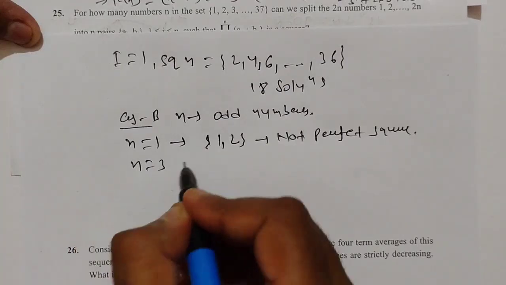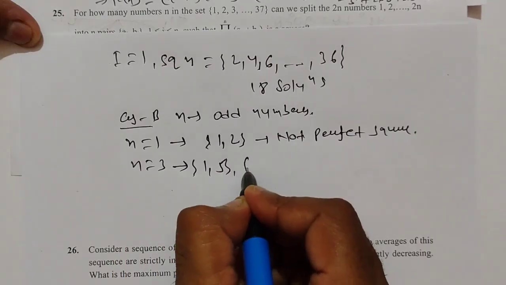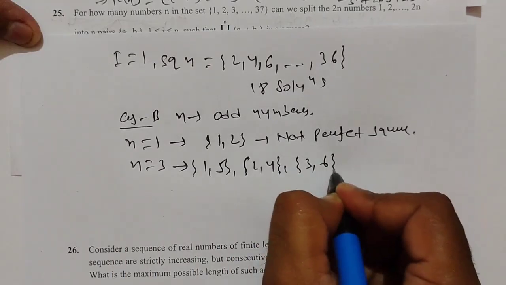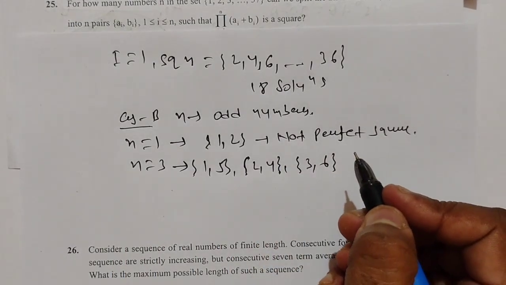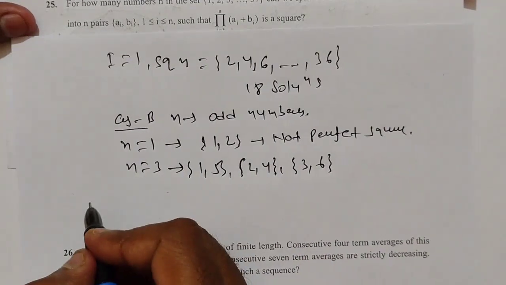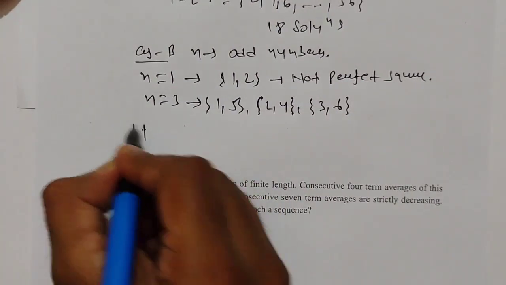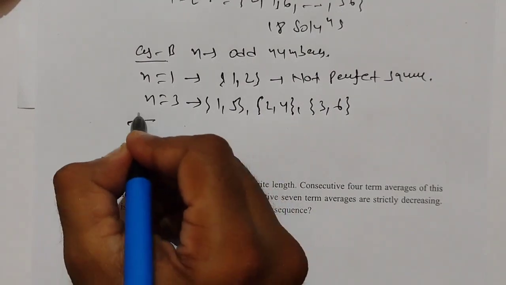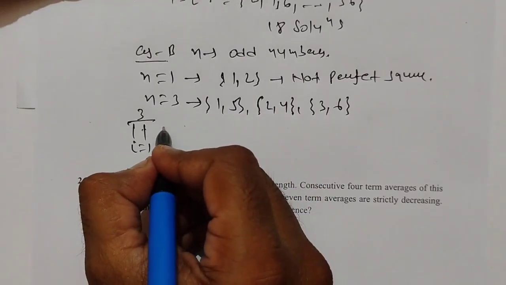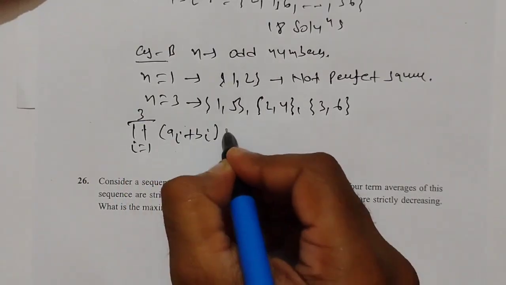So if we use the second odd number n = 3, this is 1 and 5, 2 and 4, 3 and 6, and this is basically like we have given the product for i = 1 to 3 of the sum (a_i + b_i).